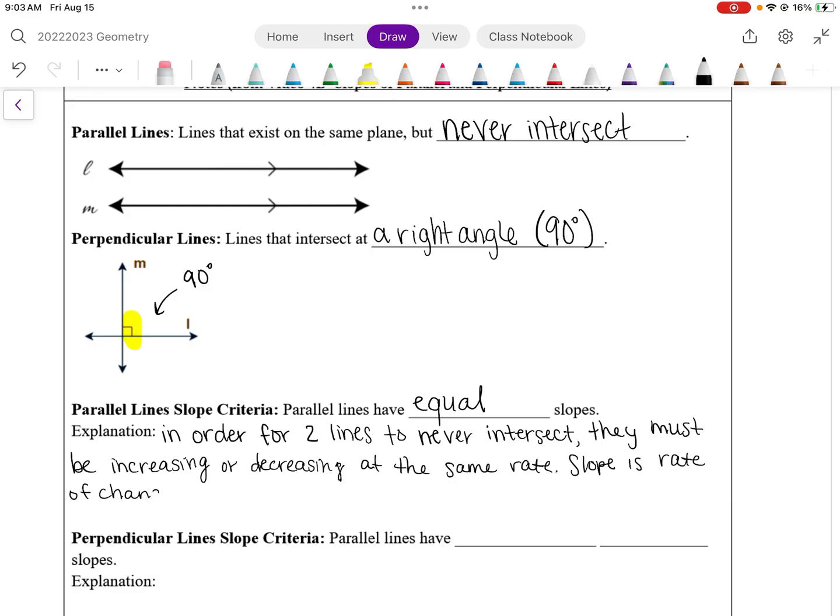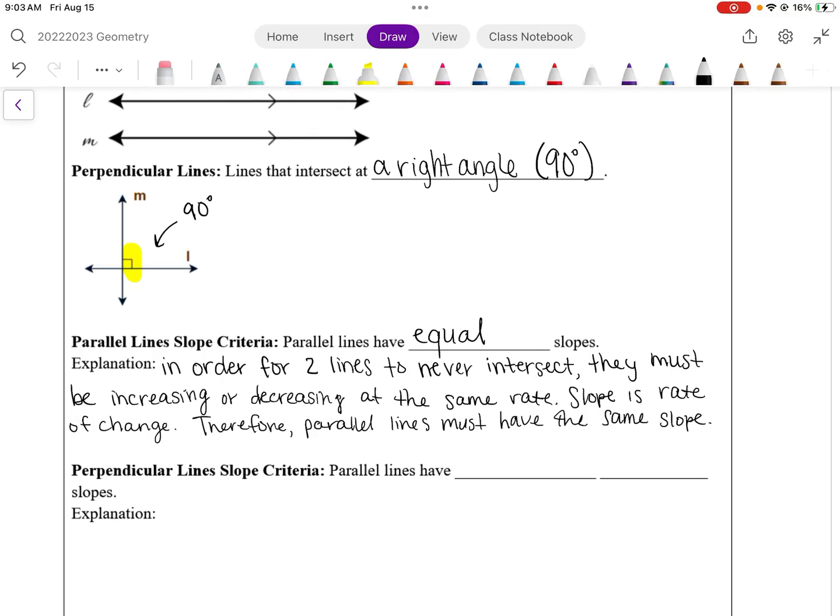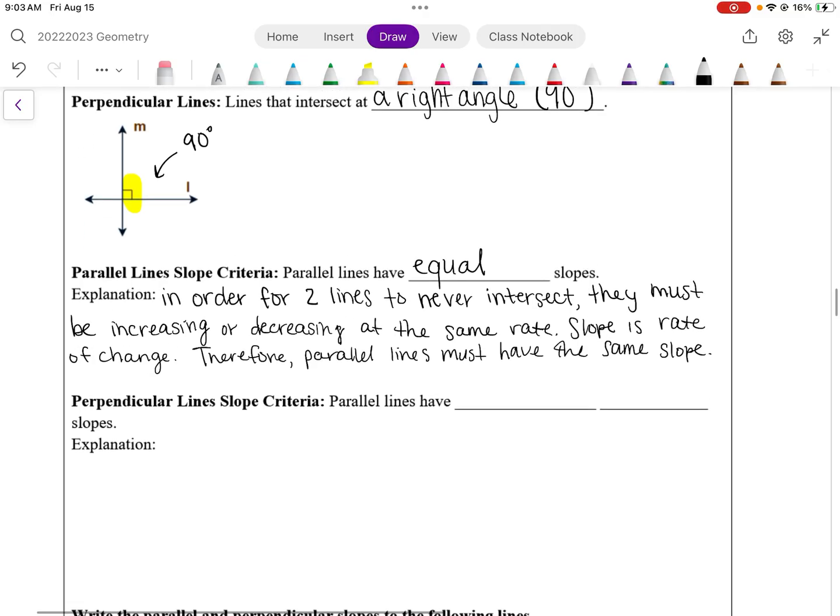Slope is rate of change, therefore parallel lines must have the same slope. Pause, write that down if you need to.